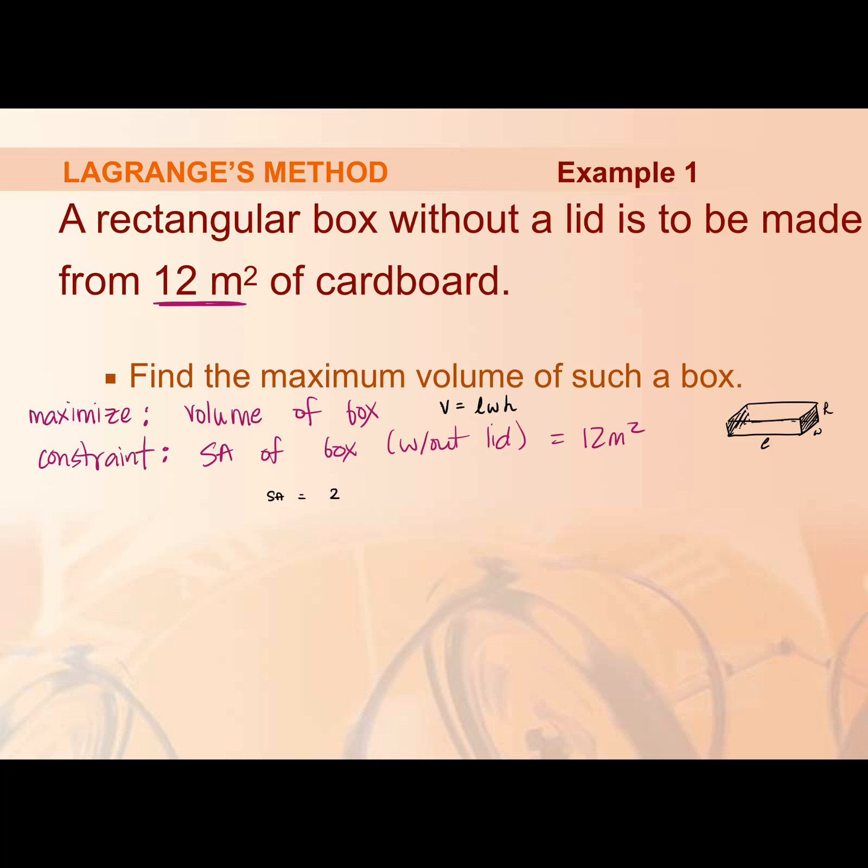It's going to equal 2 times W times H plus, now this is going to be L times H, so 2 times L times H, plus, now the bottom is just going to be L times W because we're not including the top, since it's without a lid.